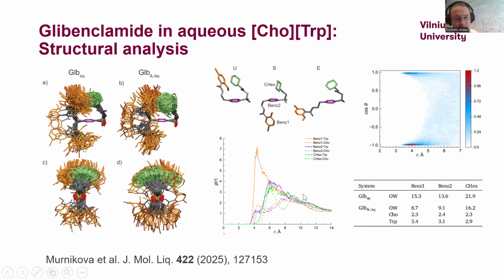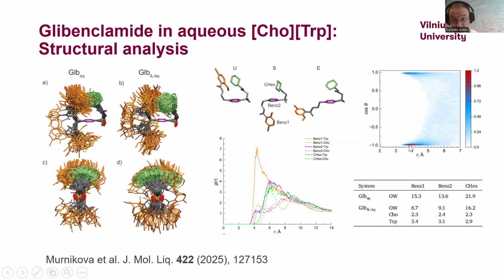We have also seen the condensation of the ions of choline tryptophanate around the glibenclamide molecule, as shown here by these radial distribution functions. We will not go into details, but let me just mention that it is especially the anions that are condensing around glibenclamide. Tryptophanate has a pi electron system with two fused rings, and there are also two benzene rings in the glibenclamide molecule.